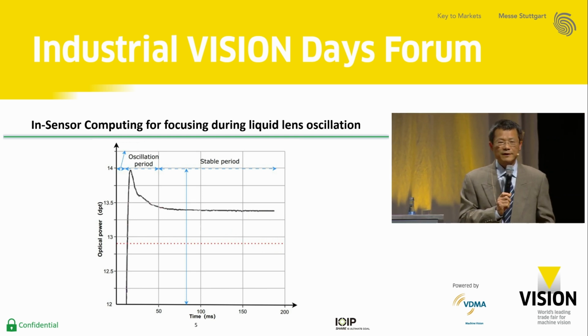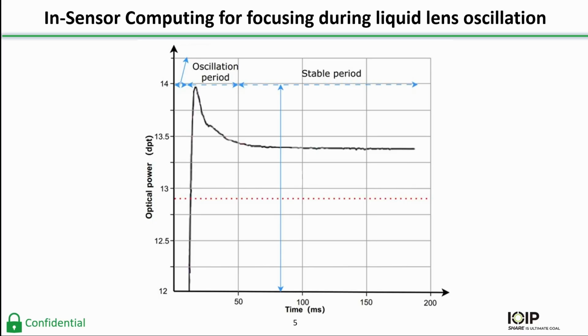Okay, when we have this liquid lens, usually we drive the lens to different shapes. We change the voltage.